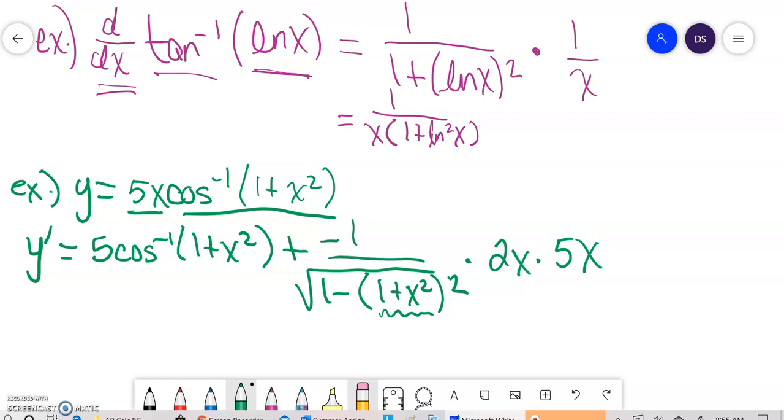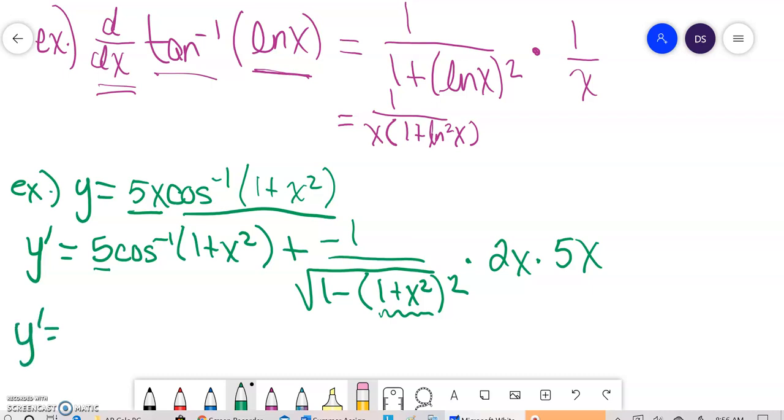So again, the derivative of the first function, 5, times the second, plus the derivative of the second function, which is -1 over the square root of 1 minus the function squared, times the derivative of that inside function, times the first function.